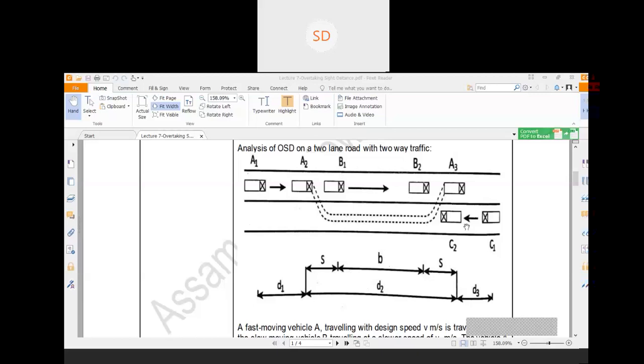Now suppose during that overtaking operation, another vehicle from the opposite direction is moving from C1 to C2. So in that case, that distance is d3. So your total overtaking sight distance would be d1 plus d2 plus d3. Now see whether it is clear or not, or I need to explain it again.